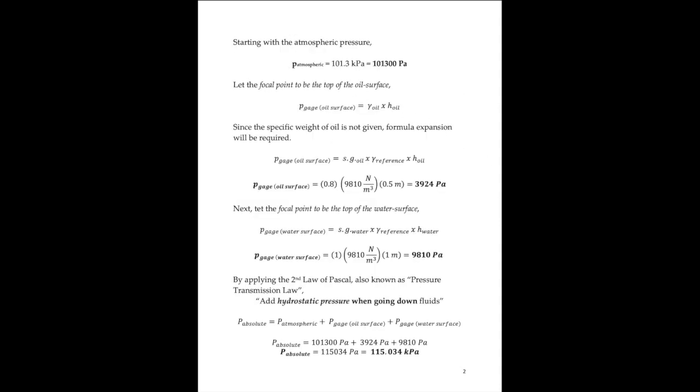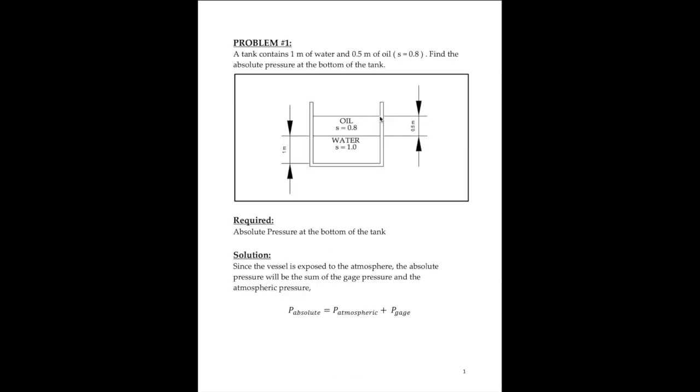The atmospheric pressure is a constant value which was given to you in the PowerPoint presentation prior to this video lecture. So we will only have to solve the gauge pressure by using the focal point at the top of the oil surface, the line right here.